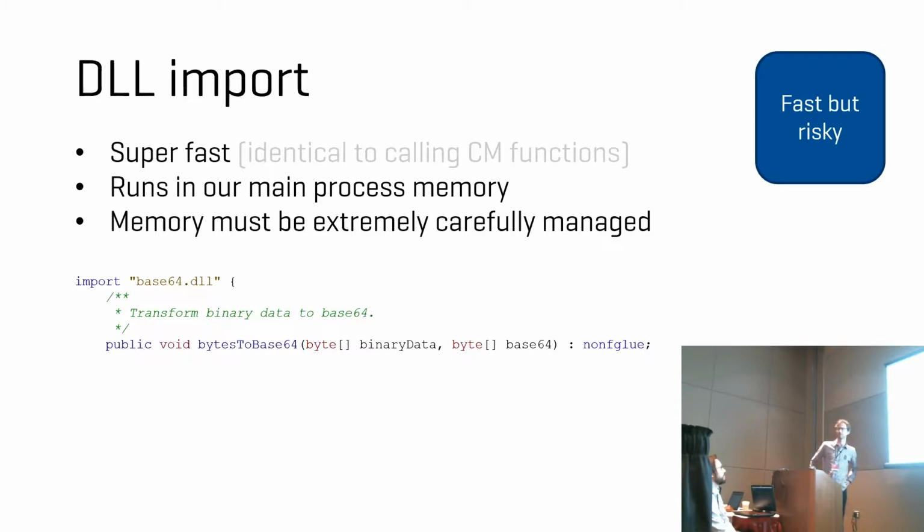Of course, the risk of running this in the same memory as CET Designer is that you need to be very careful with your memory management. If you leak in your DLL, it will leak the CET Designer memory, and we expect CET Designer to run for many hours on some clients. So it needs to be tight.